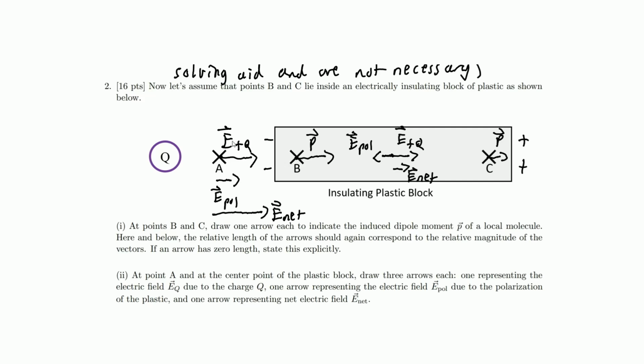So this part of the problem is going to be the same as 1 because we still have our polarization of the block where negative charges are on the left and positive charges are on the right, and we have dipoles inside the insulating plastic block going from negative to positive.